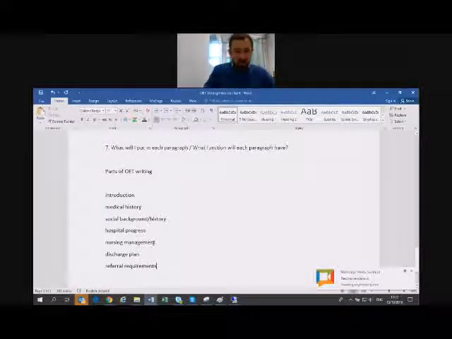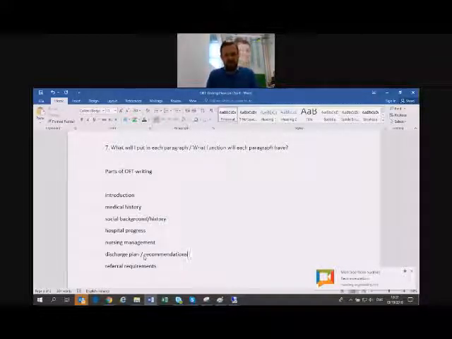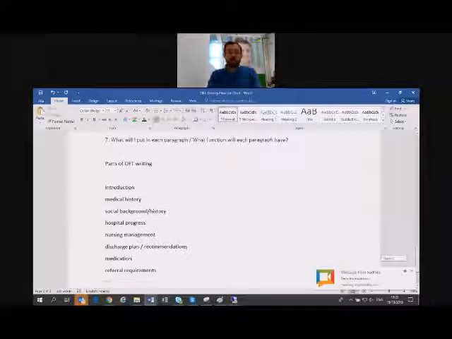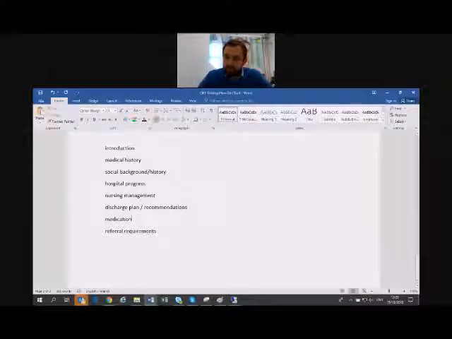Recommendations. I suppose recommendations are in the discharge plan. Probably. They don't often go separate to that. You've got medication information. Now, if you think about it, you never need all of that stuff. Okay?